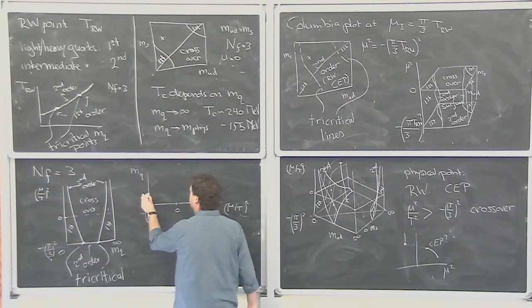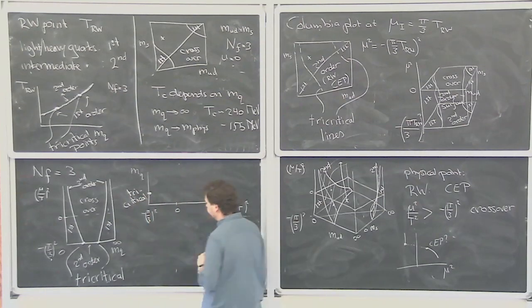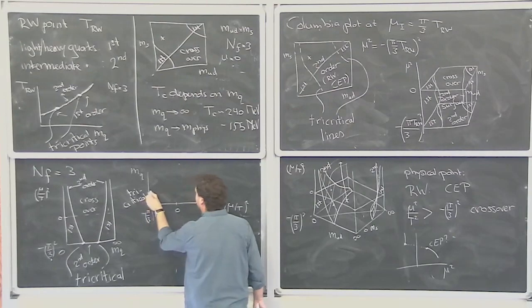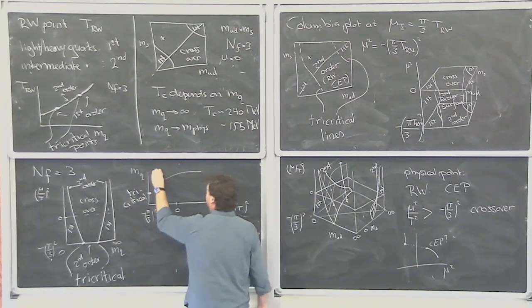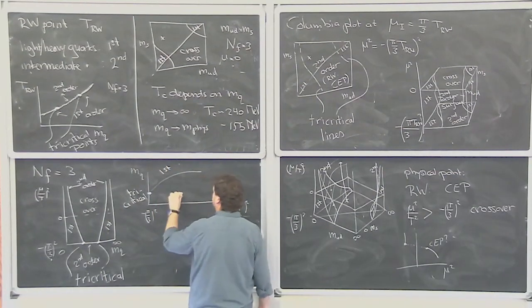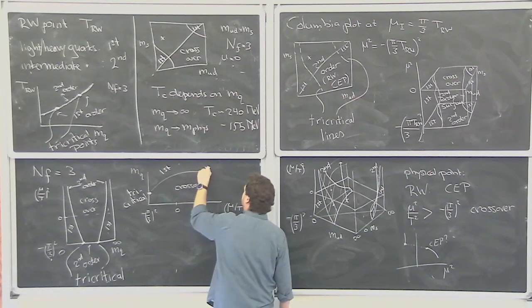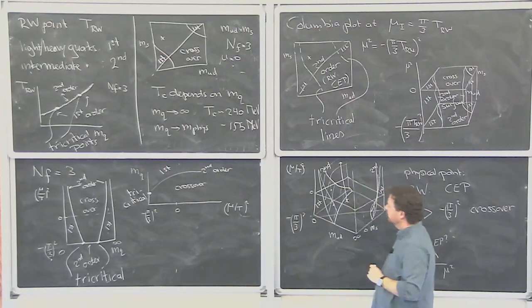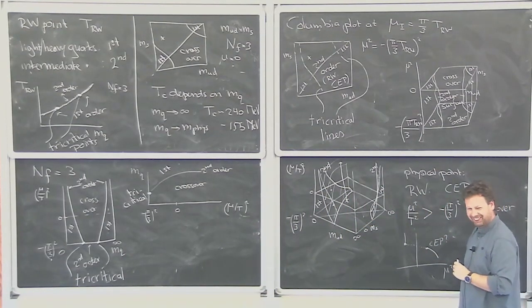I have a tricritical point. So that's this point here. So that point corresponds to this point. And then I have this line coming out like this. So this line is equal to this line. And above the line is first order. Below the line is crossover. And the line itself is second order. Still with me?